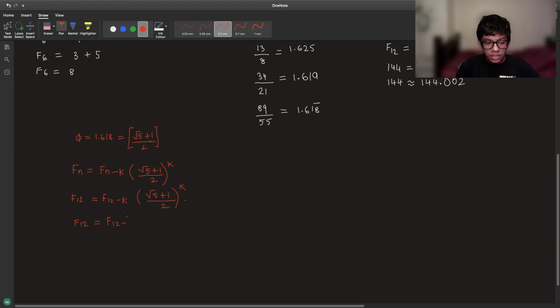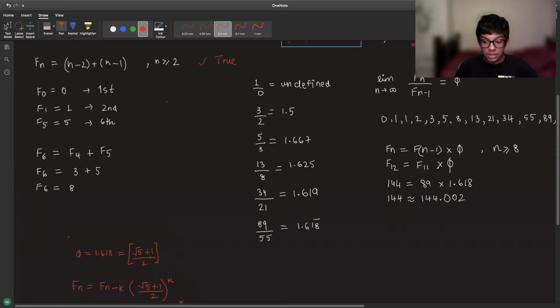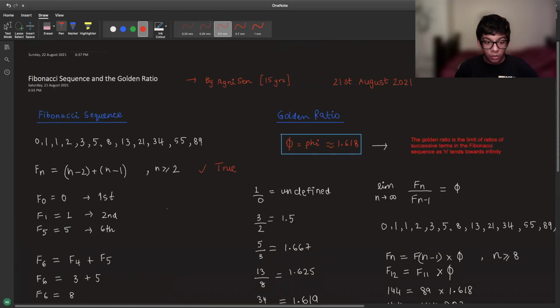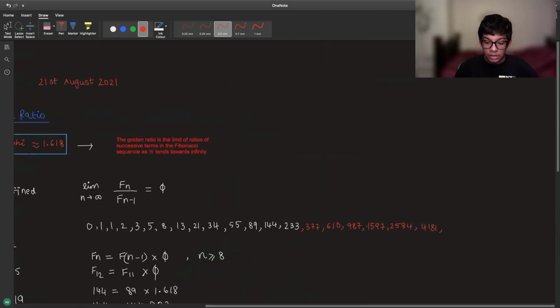What we should do is take a small value of k so that we can get our answer to the most accurate degree. So let's take 4 as our example. So f(12-4) times ((root 5 plus 1) upon 2) whole raised to k, which is 4. Now, f12, we already know is the 13th term of the Fibonacci sequence because it starts from 0. And therefore, we know that the 13th term in our long series over here will be 144.